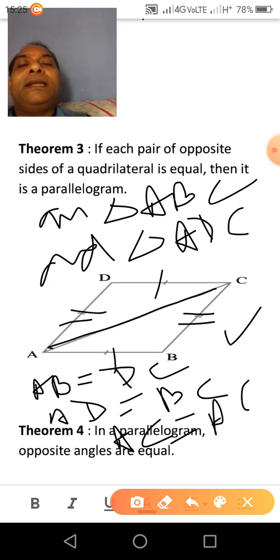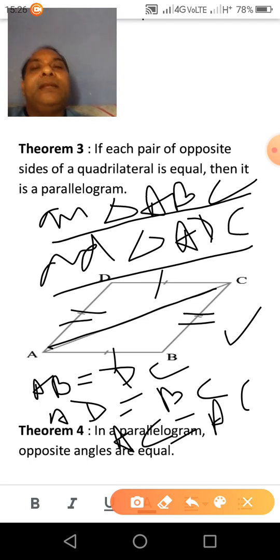So we can say that triangle ABC is congruent to triangle ADC. Clear?